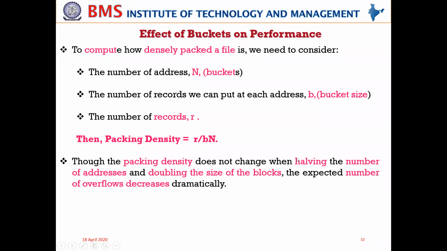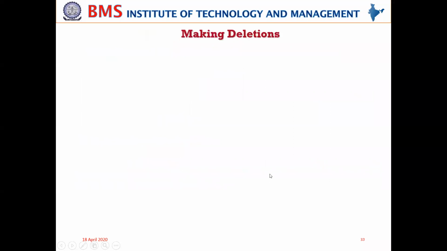It doesn't mean that doubling the size of the block and reducing the size of the file increases overflow. Once you reduce the size of the file, you are increasing the bucket size, the number of records that can be stored in a bucket. That's the reason the number of overflow records usually decreases in the case of buckets.